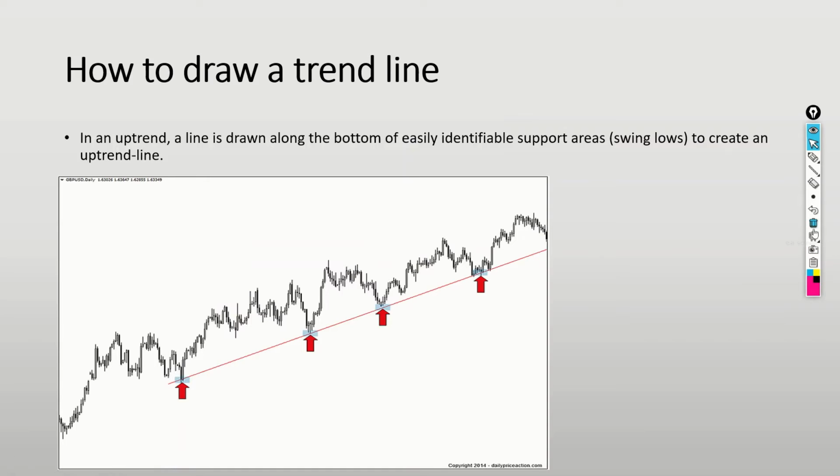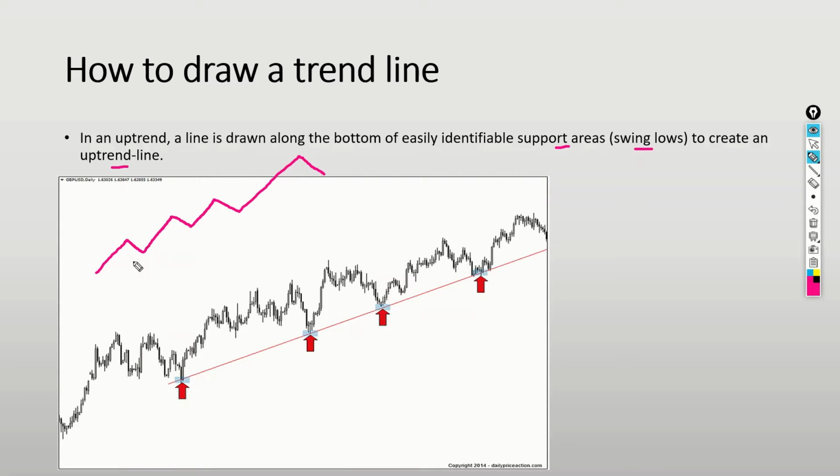So when you look at the chart below, you can clearly see here in an uptrend, the line is drawn along the bottom of easily identifiable support areas, or what we call the swing lows, to create an uptrend line. So, as a recap, we said when the price is on an uptrend, it moves in this format: breathe in, breathe out, breathe in, breathe out.